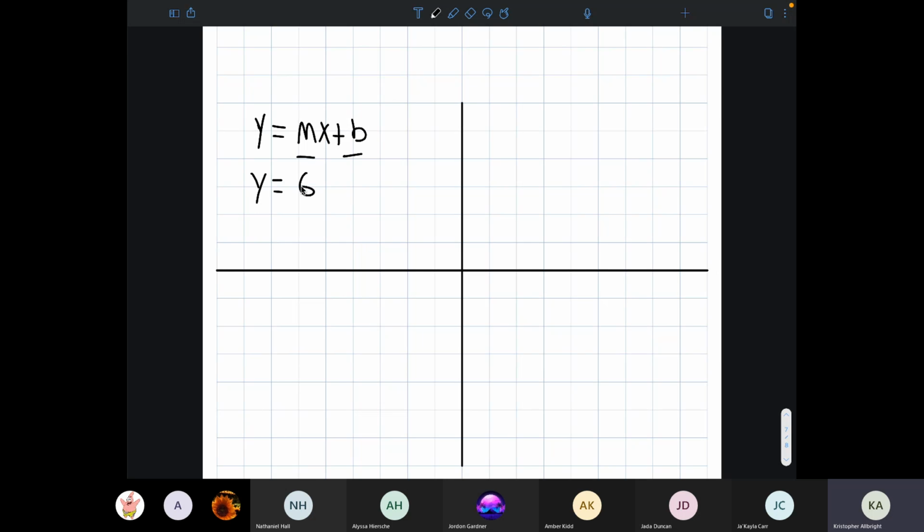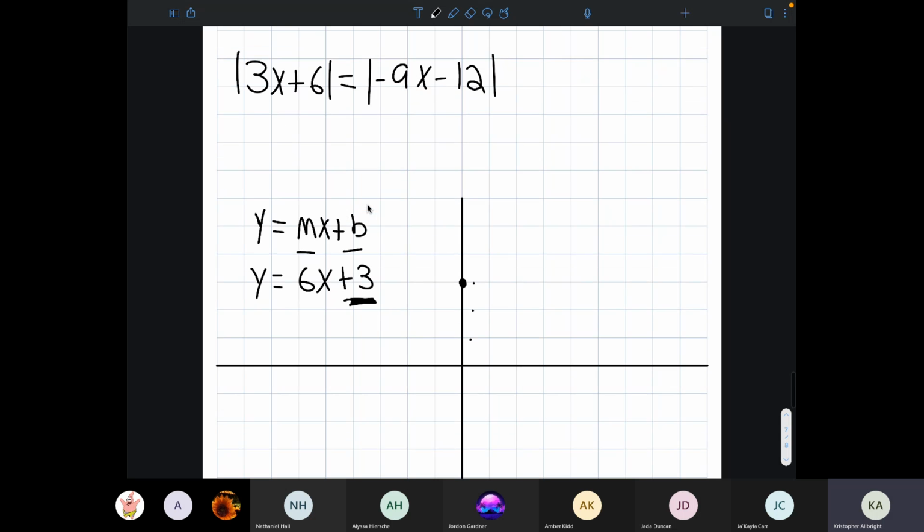So, for example, if we have y equals 6x plus 3, then we're going to count up 3, 1, 2, 3, and put a dot because that is our y-intercept. That is our b. Then from that point, we use our slope to graph another point. Our slope is usually written as a fraction.